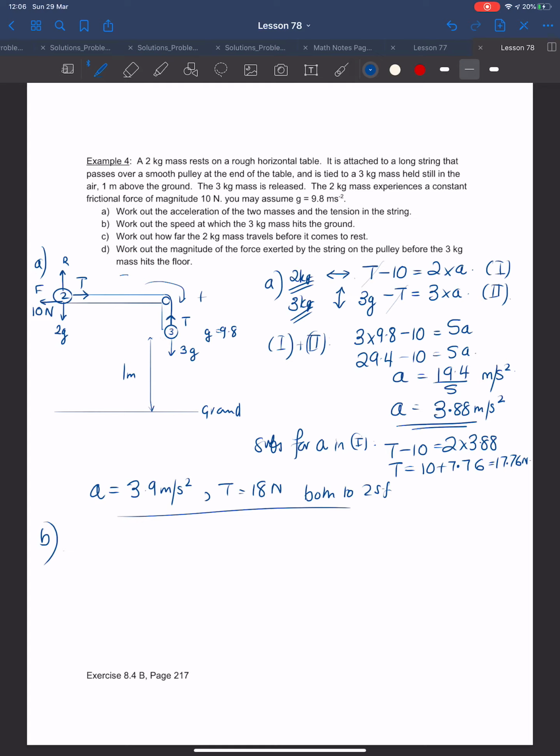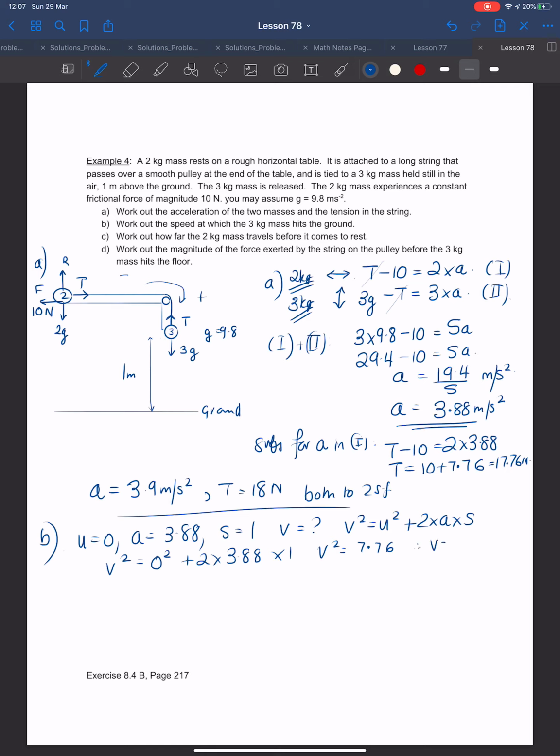Part B. Work out the speed at which the 3 kg mass hits the ground. Okay, so we've got U is 0, A is 3.88, S is 1 metre because it hits the ground, travels for 1 metre, and we need to know V. So V squared is U squared plus 2 times A times S. So V squared is 0 squared plus 2 times 3.88 times 1, which is 7.76.